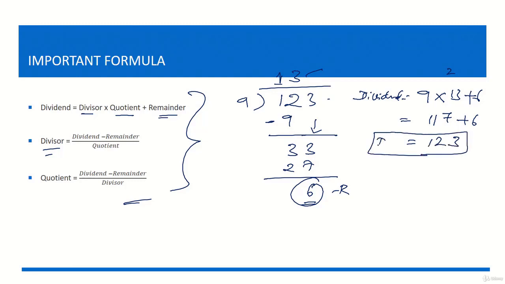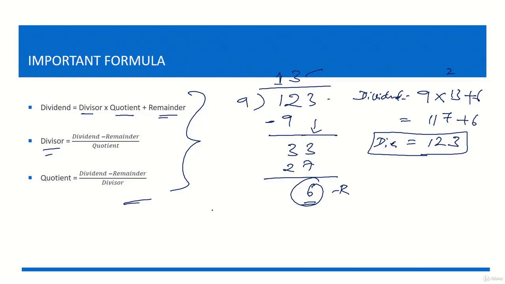This is the dividend. Same way, you can find the divisor as well as the quotient. They won't give one or the other number in the problem, so you have to check that.